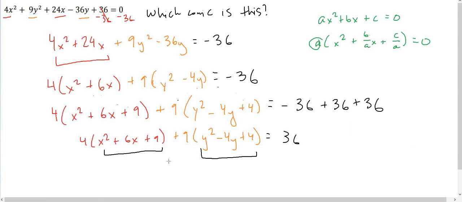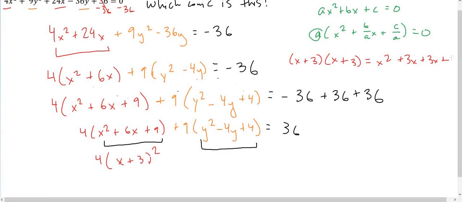So, we can write this as 4 times the quantity x plus 3 squared. And if you FOIL this out, this would make sense, because x plus 3 squared is just x plus 3 times x plus 3. First, x squared, outer plus 3x, inner plus 3x, last plus 9. So we have x squared plus 6x plus 9, and that's exactly what we have right here.